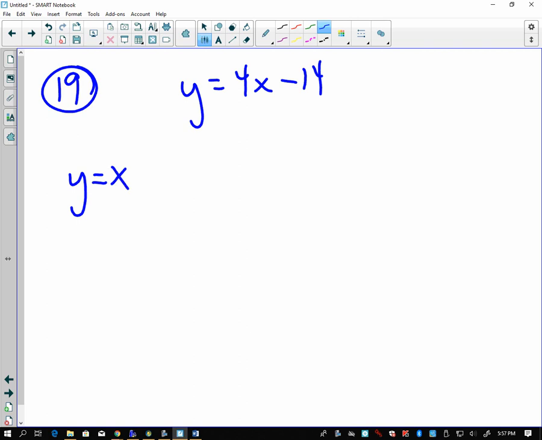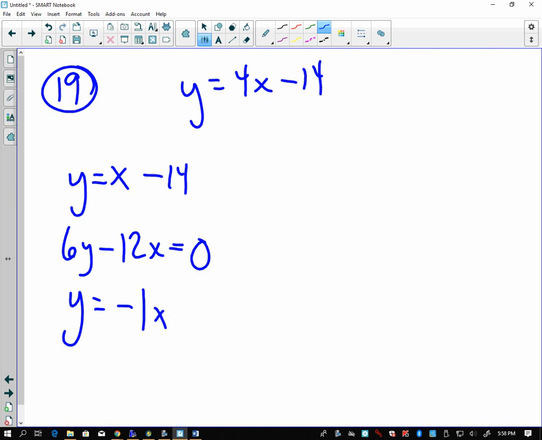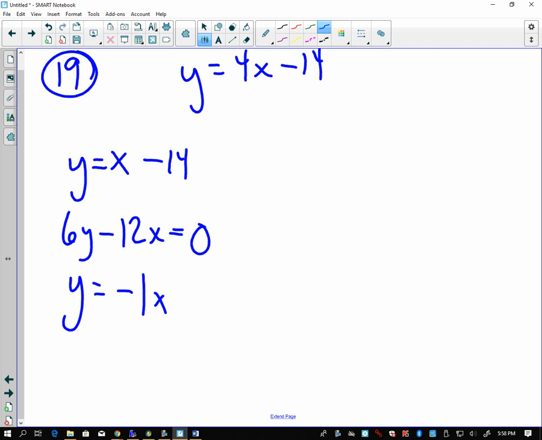So you might see something like y equals x minus 14; 6y minus 12x equals 0; y equals negative 1x; and negative 8y equals 4x; or none correct.